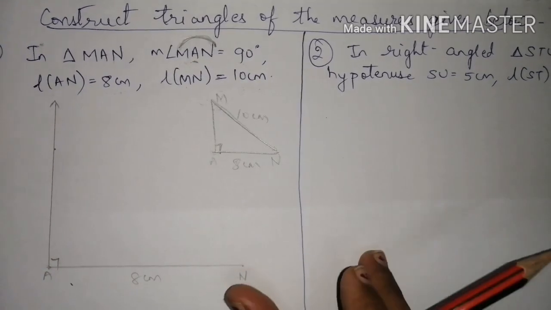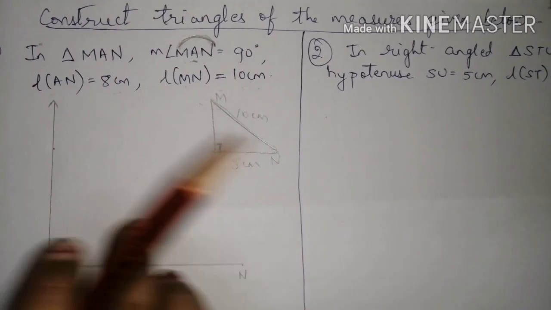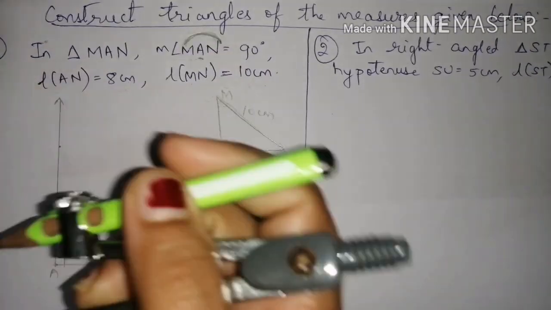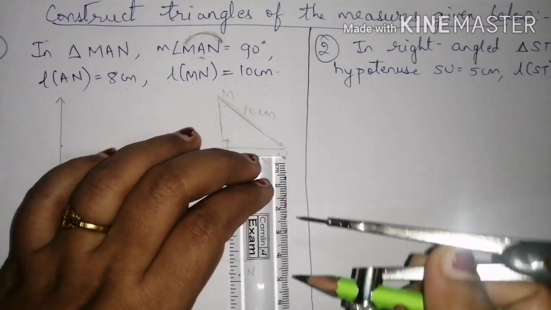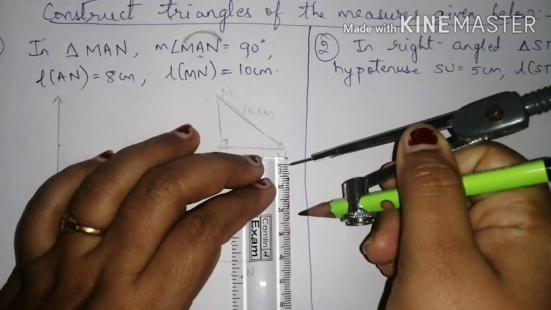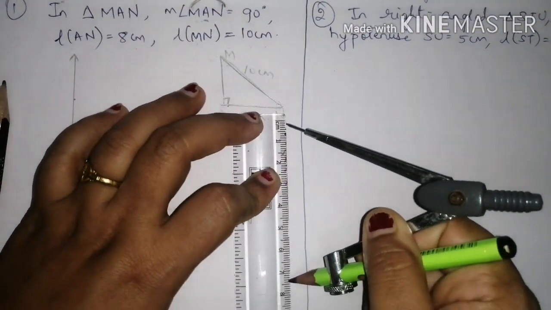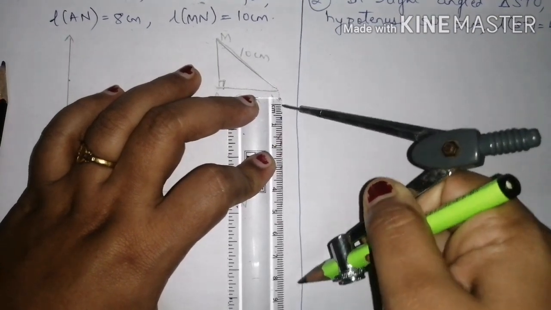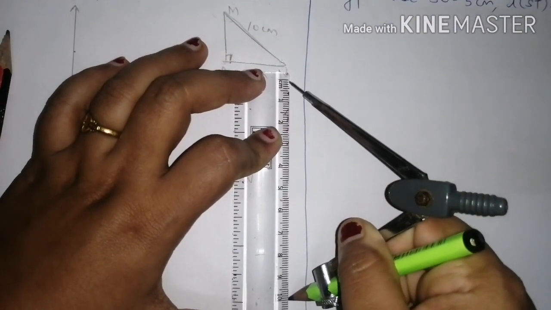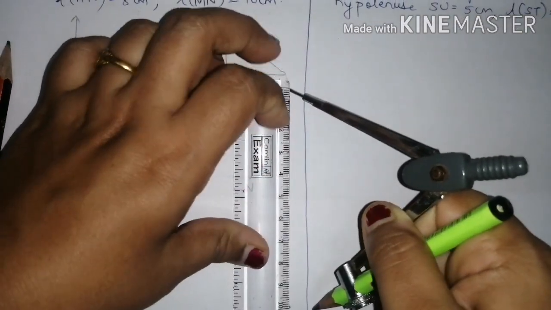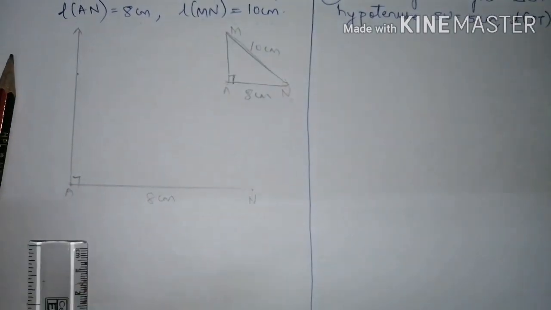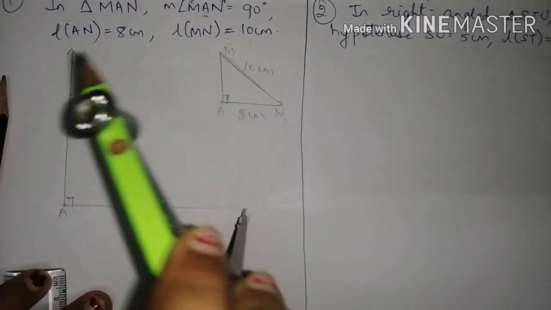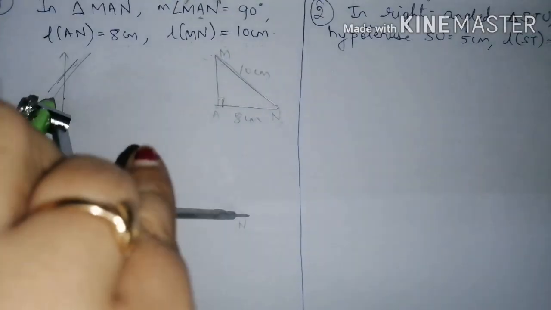You have to take it in a compass with the help of a scale. How much is the hypotenuse side MN? 10 centimeter. Take it in the compass with the help of a scale. Keep it on N and make an arc like this.